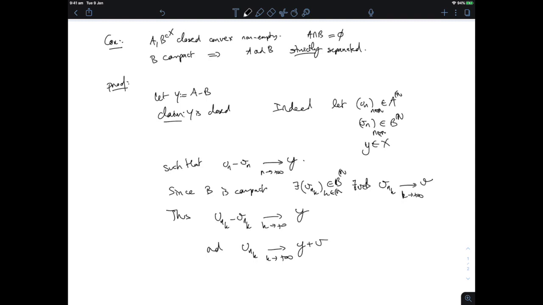Okay, but that means u_{n_k} has a limit, which is y plus v. So let's call that limit u. That has to be an element of A because A is closed, and therefore I can write y as u minus v, for of course u equals y plus v, and u is in A and v is in B, so this is in A minus B. Alright, so that finishes the proof of the claim that capital Y is closed.